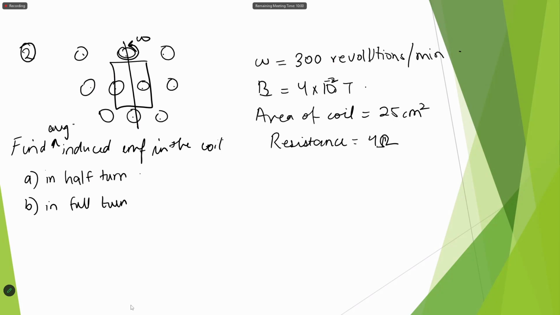When you have this coil and it rotates or revolves, it is moving around its own axis and it takes one whole turn, what is the flux final minus flux initial, this term, when it takes the full turn?